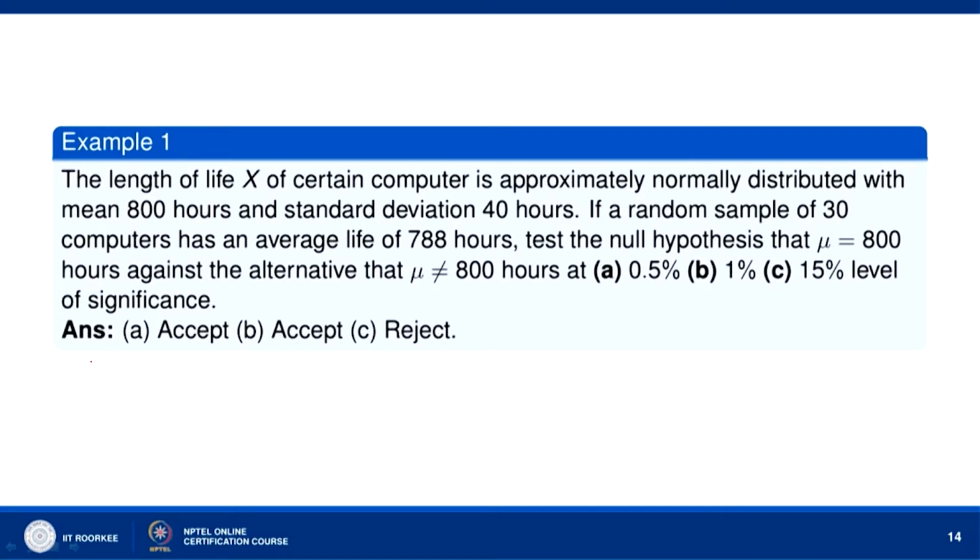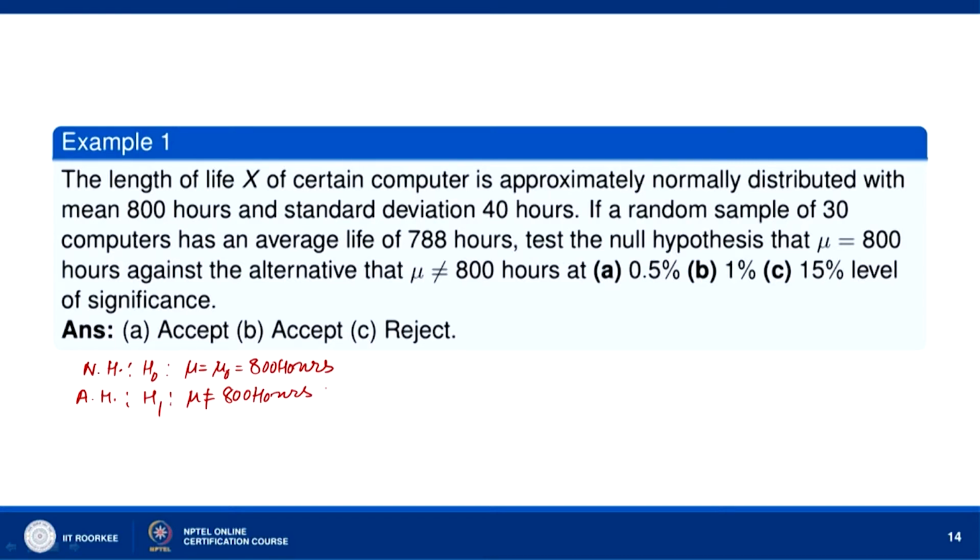So the null hypothesis H naught is mu equal to mu naught equal to 800 hours, against the alternative hypothesis H1 that mu is not equal to 800 hours.